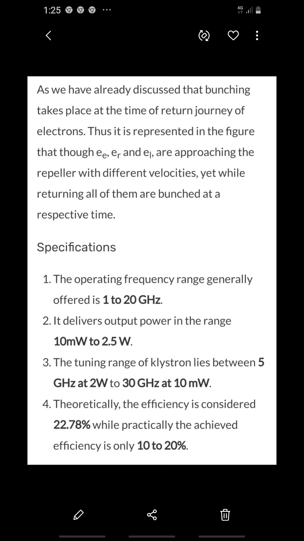Therefore, it is represented in the figure that the early electron, reference electron, and late electron are approaching the repeller with different velocities, while returning all of them are bunched at a respective time.